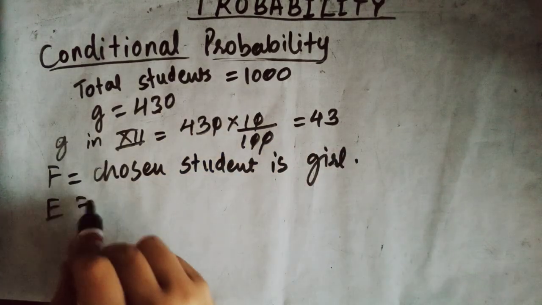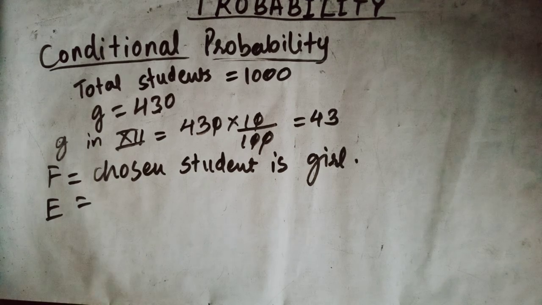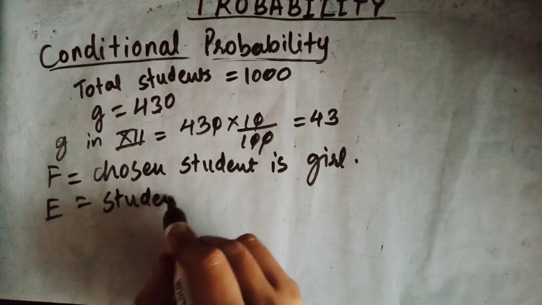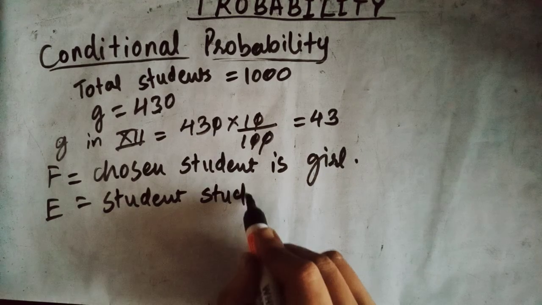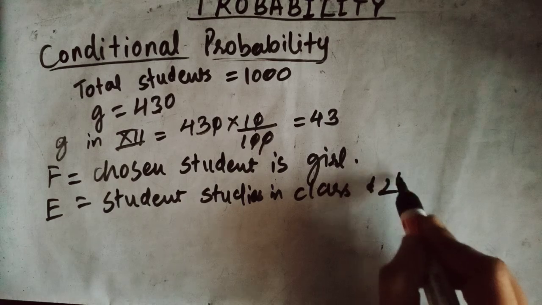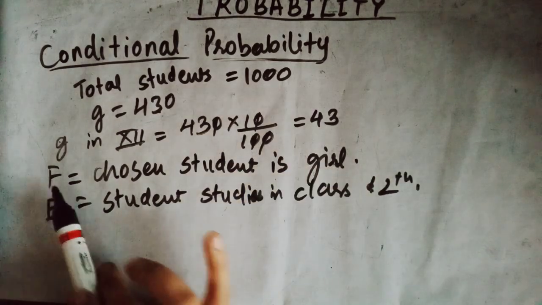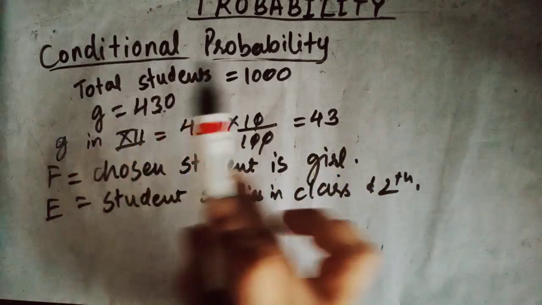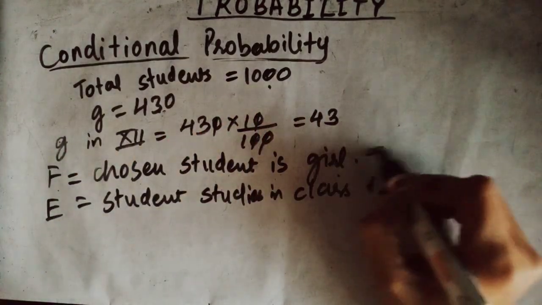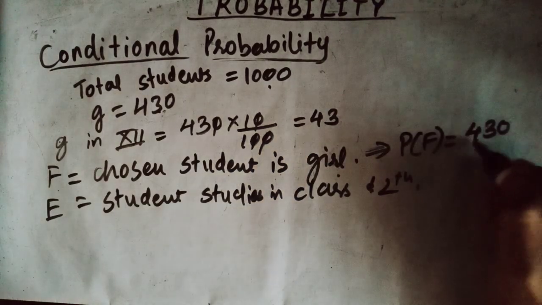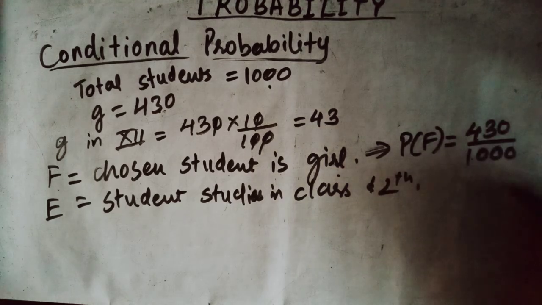And event E is, you have to find the probability that a student chosen randomly studies in class 12. So this student studies in class 12th. Okay, so F is the chosen student is a girl. Girl means how many girls are there? 430 out of 1000, right? So probability of F will be 430 upon total number of students, that is 1000.